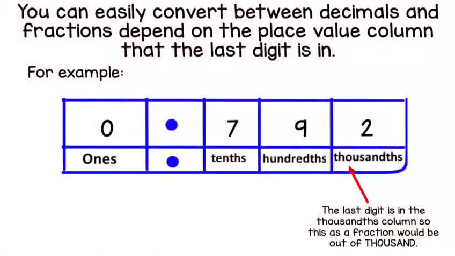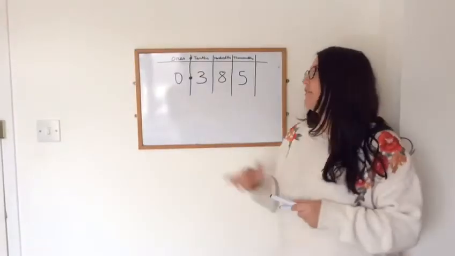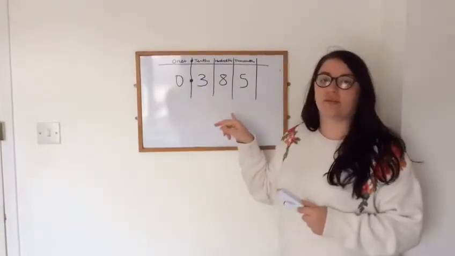Okay, expanding on our knowledge again, so for 0.792, the last digit we say is 2, and we know that that's in the thousandths column. As it's in the thousandths column, we know that the fraction must be out of 1000. Okay, for this one we've got a few more digits after the decimal place.